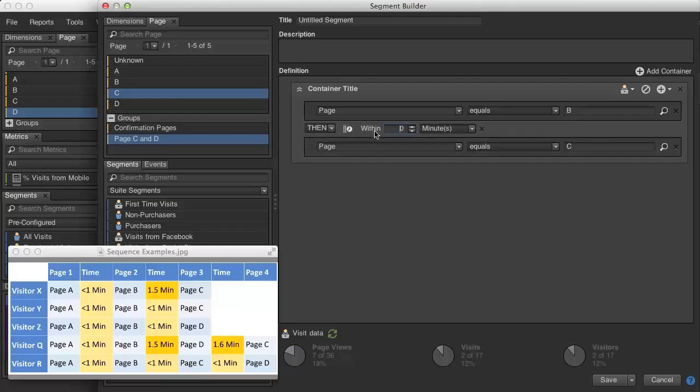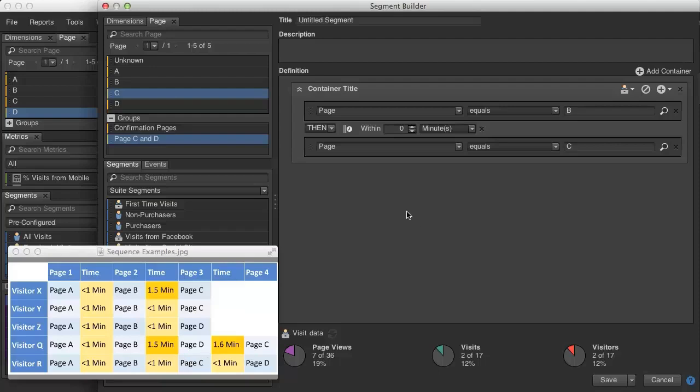So we want to say within 0 minutes, and that's going to be up to the 59 second mark. We want to see people who saw B, and then within 1 minute saw C. If we refresh the data, we get 2 because of visitor Y here. That's one that's under 1 minute to see page C. And then we have visitor R, where they saw B, and then under a minute they saw page C as well.